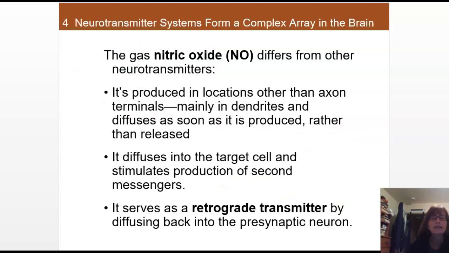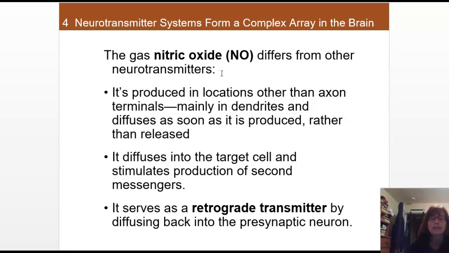And last is the one that I'm presenting, and I've talked a little bit about it, but not too much. This gas is called nitric oxide. It is interesting because nitric oxide is actually also a poison, just like carbon monoxide is a poison.